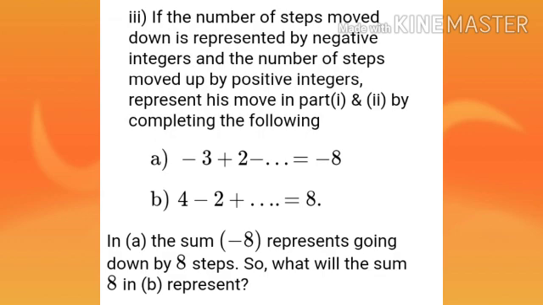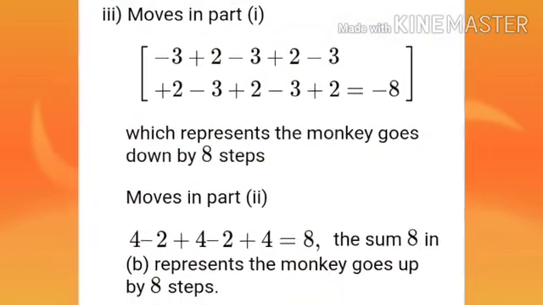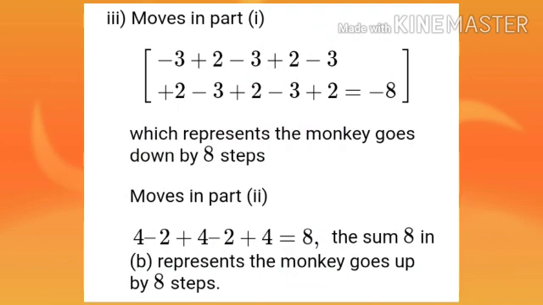The negative sign represents moving downwards and the positive sign represents moving upwards. Therefore, the sum of minus 8 represents going downward by 8 steps, which means the sum of 8 represents going up by 8 steps. Here are his moves in part 1 and part 2. In part 1, when it moves 3 steps down, it is represented by a negative sign, and moves up are represented by a positive sign.